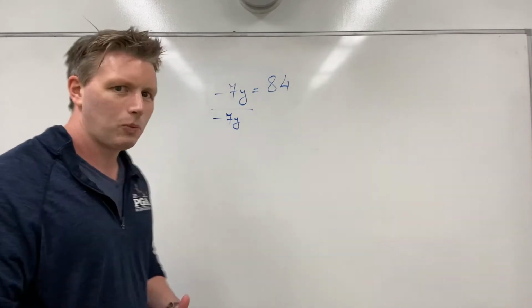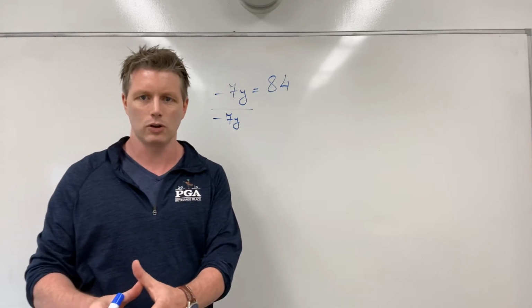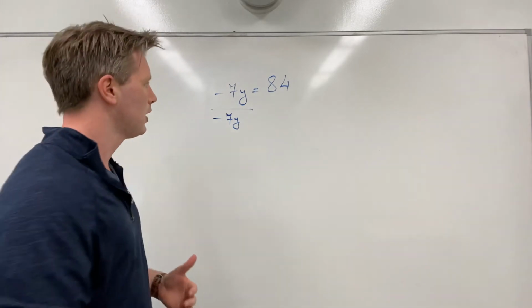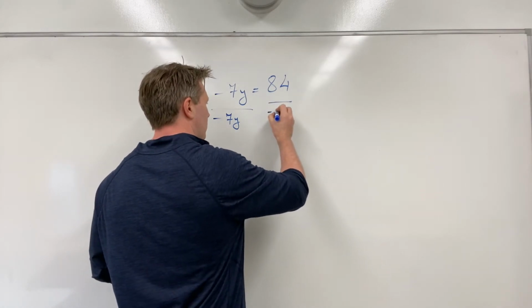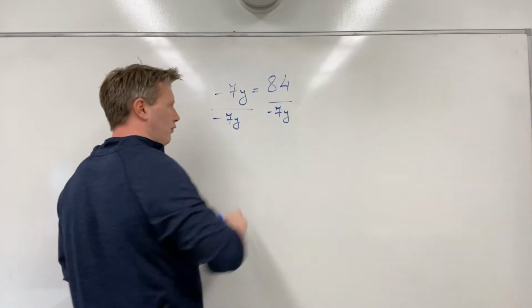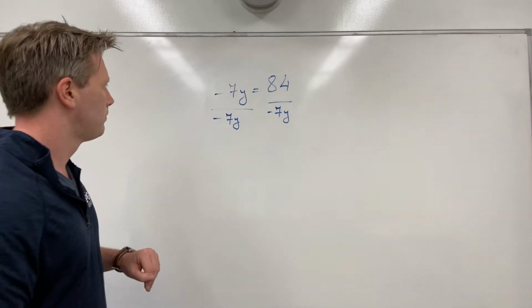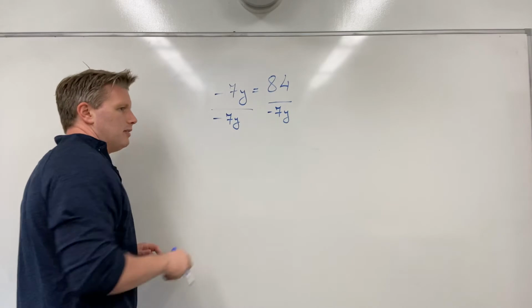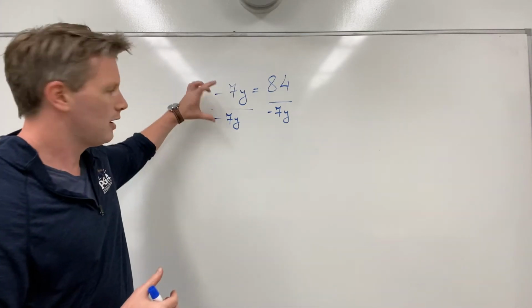But of course, whatever I do to the left-hand side of the equation, I must do to the right-hand side of the equation. Otherwise, I change the equation. And so if I do this to the left, I must also do it to the right. I must also divide 84 by minus 7. All right, what do I get? My minus 7's above and below will cancel. They're inverse operations.